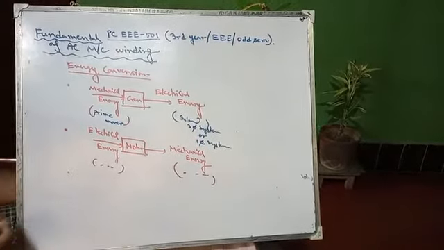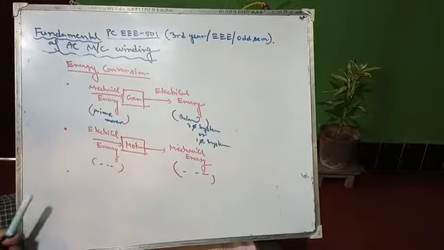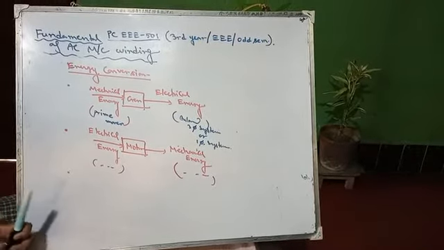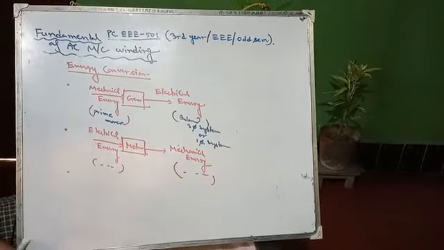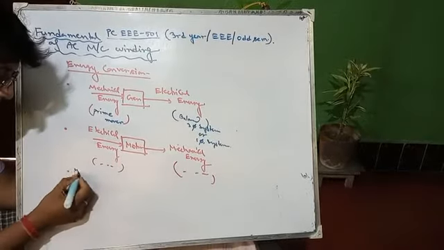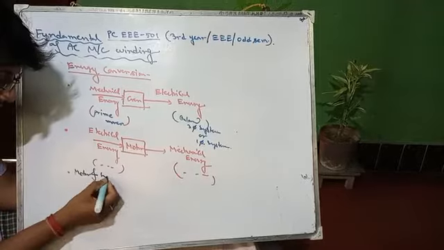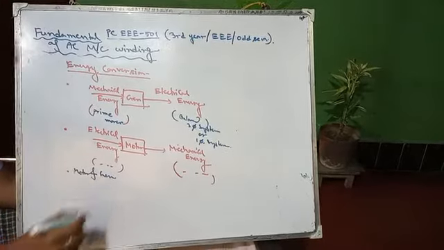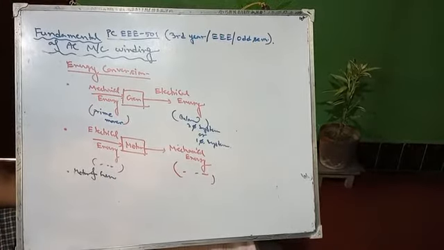Okay, so next one, third point: the construction of motors and generators are similar. Always remember, motor and generator both have identical characteristics from the point of view of construction.